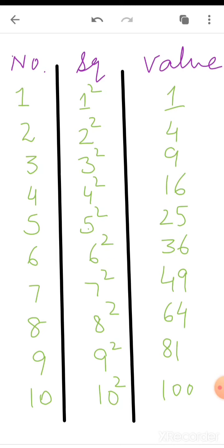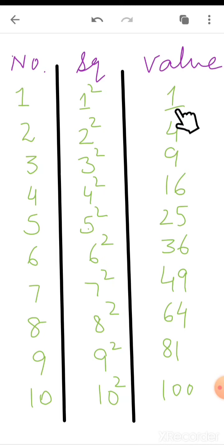Now we will discuss the properties just by observing the numbers. The first property that we are going to discuss is that square numbers can never end with 2, 3, 7 or 8. Now just see the square numbers. These are all square numbers, right?